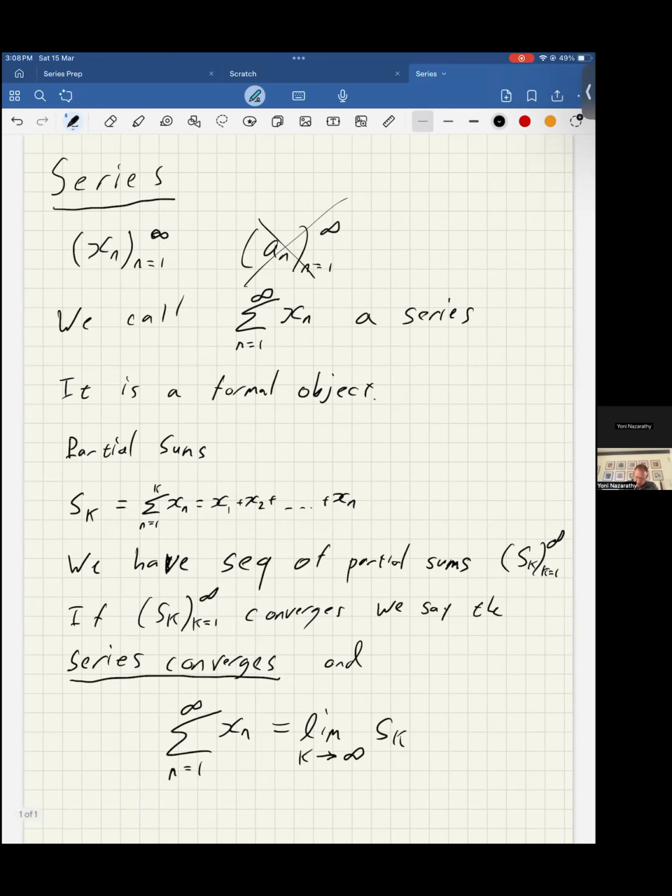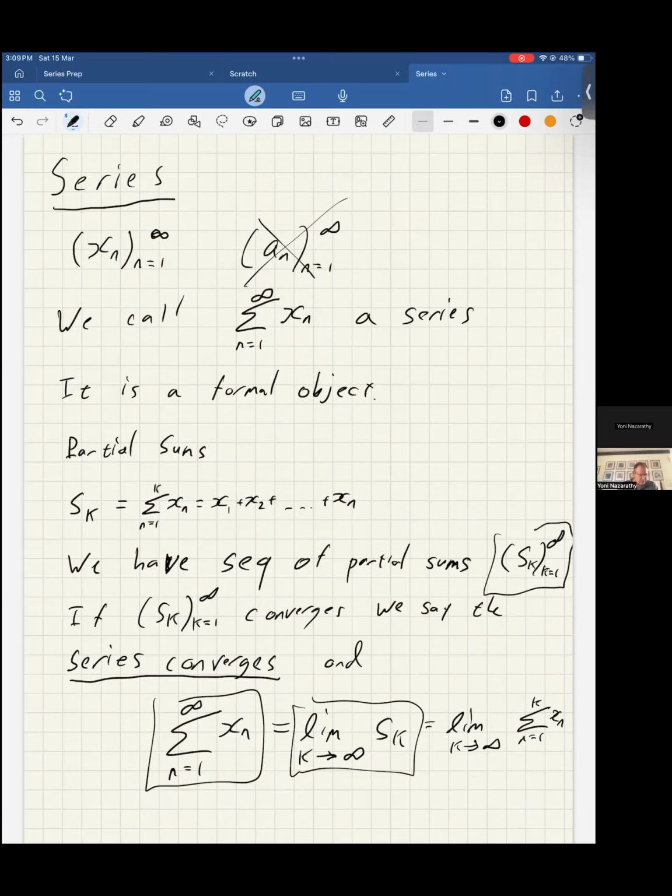Or if you would like, you could have just written the limit k to infinity of the sum n going 1 to k of x_n. Right? So this series then just means the limit. So in a sense, a convergent series is nothing but a convergent sequence, only that the elements of the sequence are partial sums.